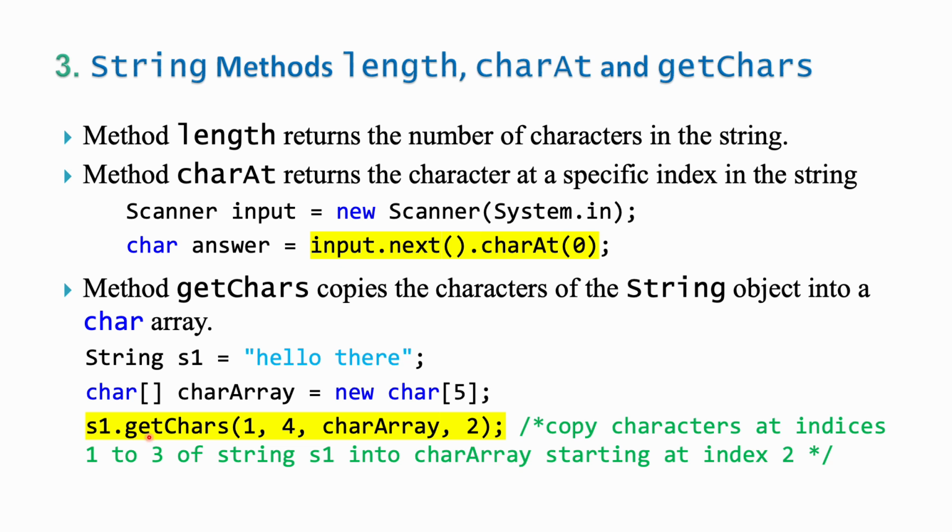So this call to getChars on a string object S1 will copy characters at indices 1 to 3 of the string S1 into the char array starting at index 2.